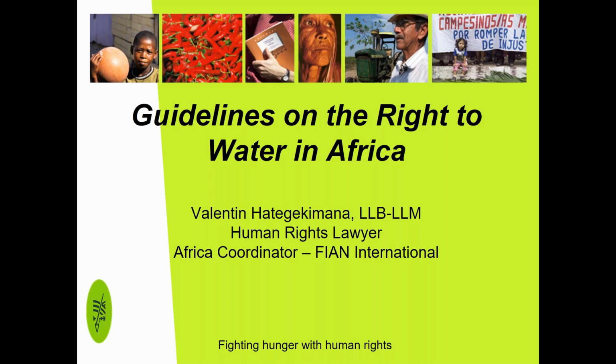So the first step really is to check if the right to water is in the legal framework in your country. If not, there is room for using these guidelines and really doing advocacy, and making sure your claims are put forward. Maybe you can even use some cases of violations or some situations to make your arguments valid and heard.